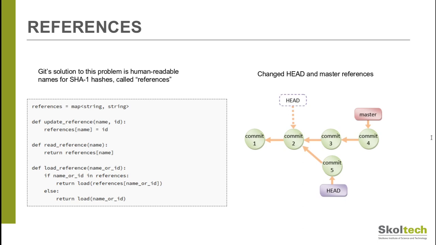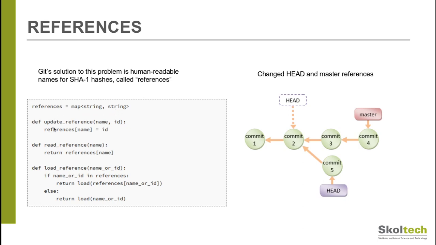For example, the master reference usually points to the latest commit in the main branch of development. Here we can see pseudocode on how to work with references. References is the storage that maps a human-readable string name to a hash, 40 hexadecimal characters.